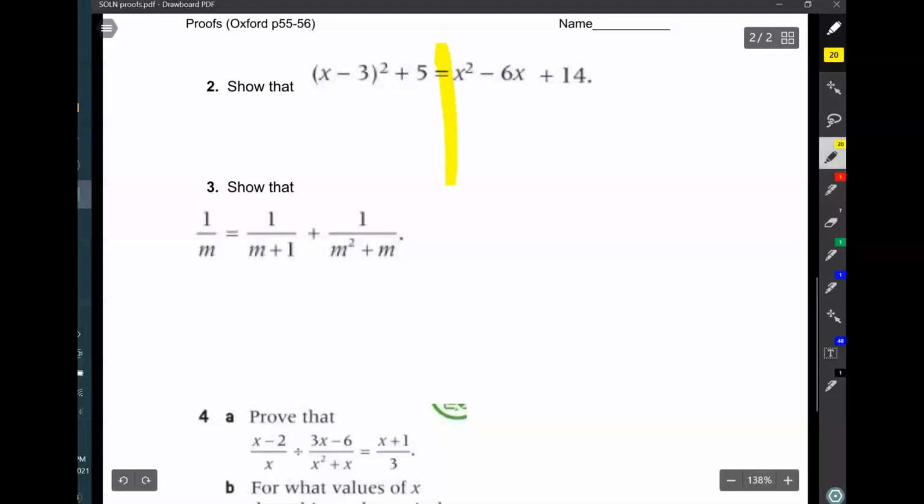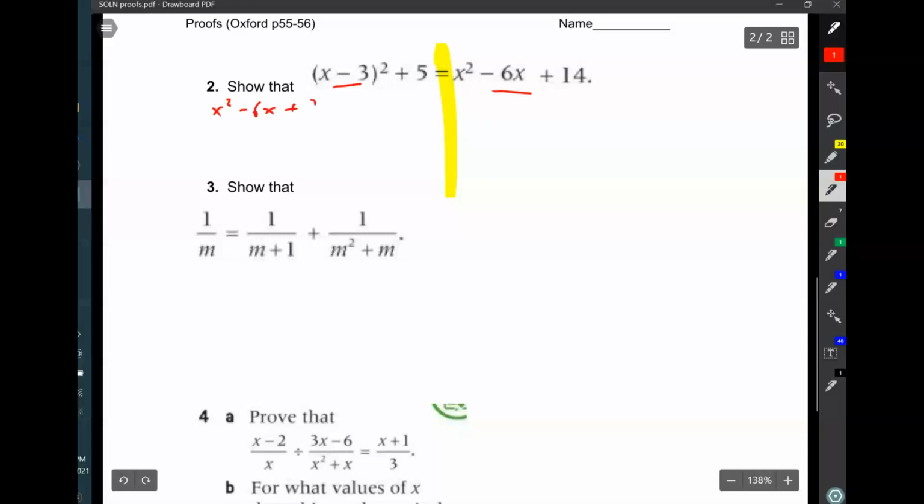Again, we only want to touch the left side. So we're going to expand this and convert it to standard form like here. We're going to expand x minus 3 quantity squared. We know that we can do binomial expansion with that. So we have x squared minus 2 times 3 times x, which would be minus 6x.